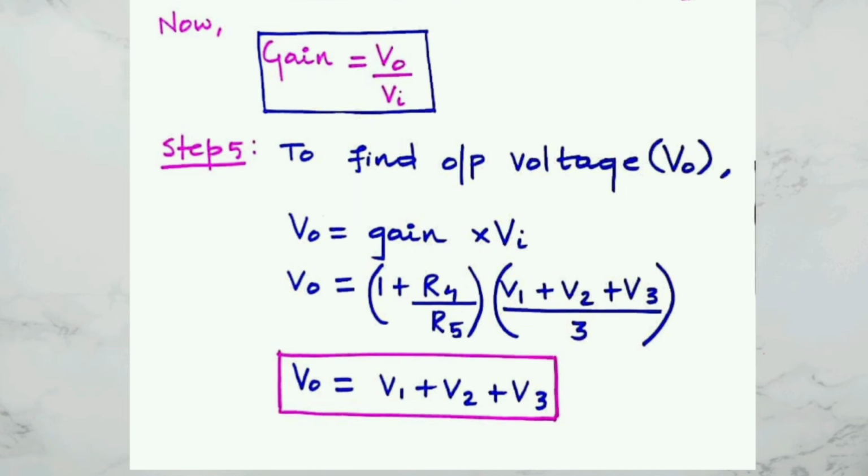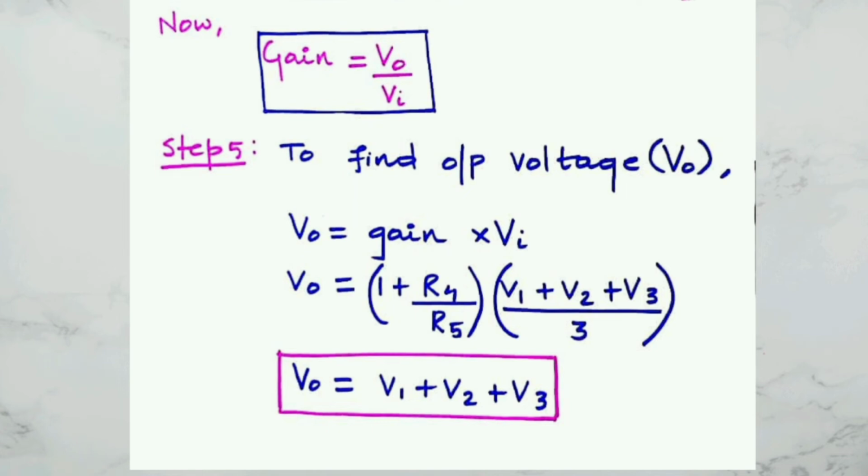Step number 5: to find the output voltage V0. How did we get this formula? From the above gain equation, we just wrote this formula. V0 will be equal to gain times input voltage Vi. So V0 is equal to, I have written the gain as 1 plus R4 by R5. How did we get this?